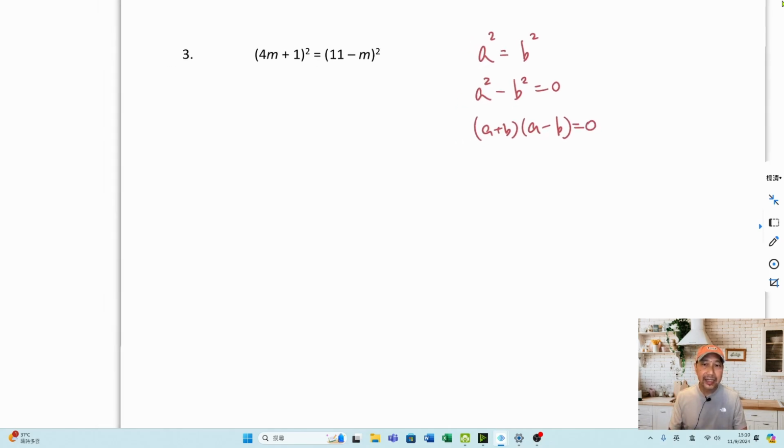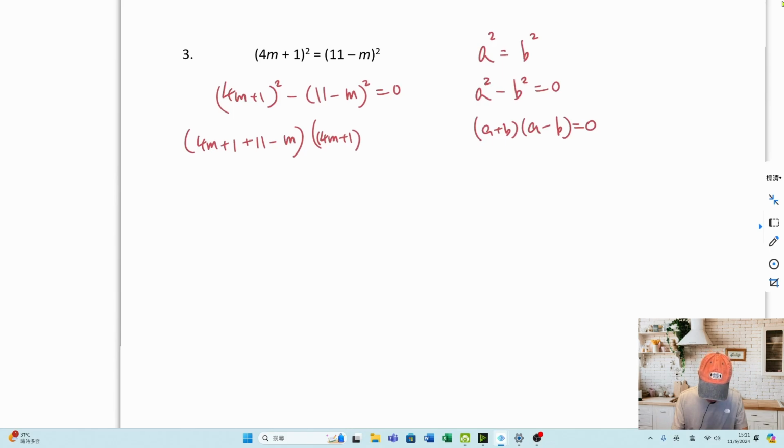Bear in mind that a is 4m plus 1, b is 11 minus m. (4m plus 1) squared minus (11 minus m) squared is 0. So (4m plus 1 plus 11 minus m)(4m plus 1 minus (11 minus m)). I prefer to use brackets whenever the sign in the middle is minus.